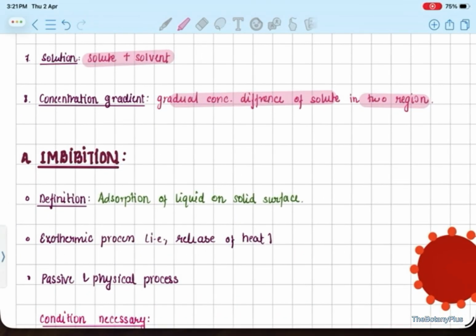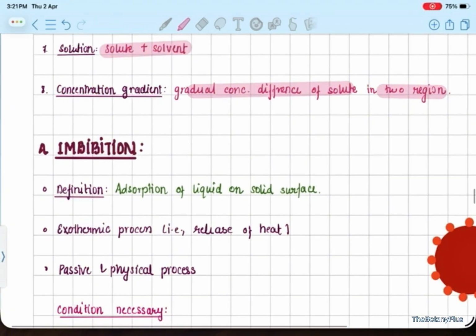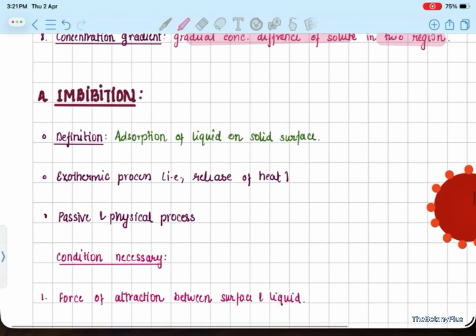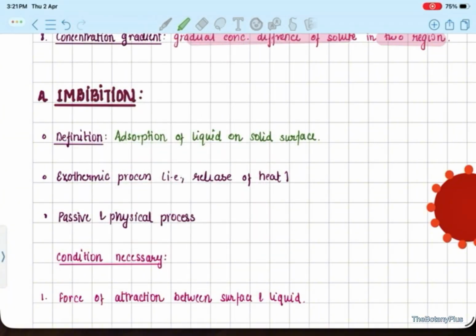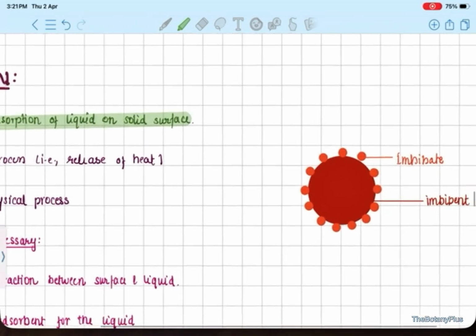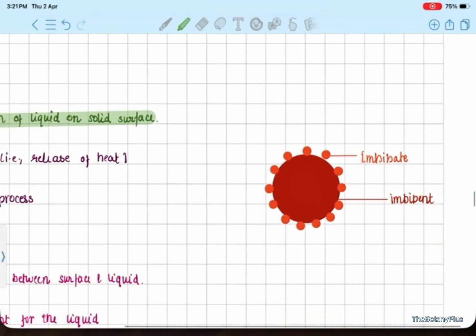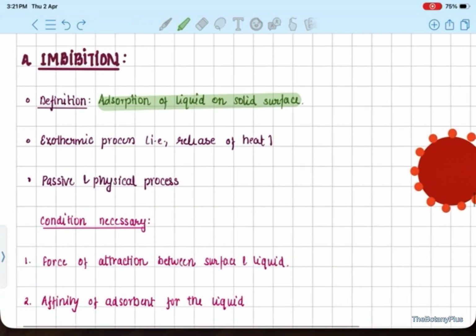Now we'll come to the first plant and water relation topic, that is imbibition. Imbibition, what is it? Imbibition is defined as adsorption of a liquid on a solid surface. Likewise, here in the diagram you can see that liquid is imbibed over the solid, which is called imbibant, and the liquid which is imbibed is called imbibate.